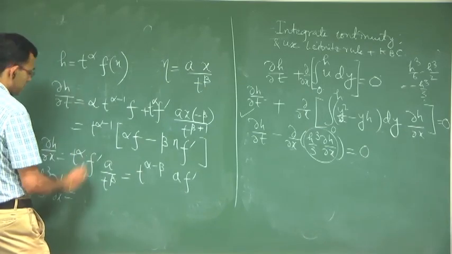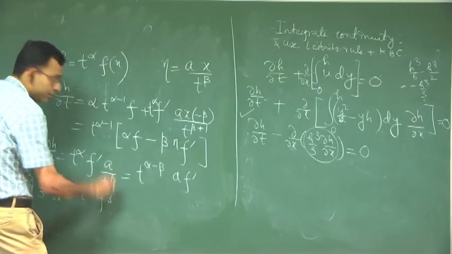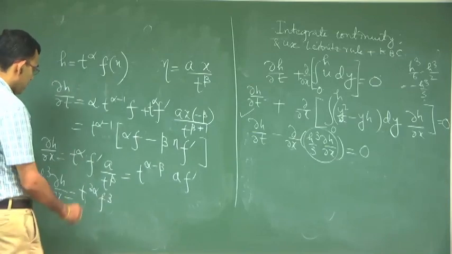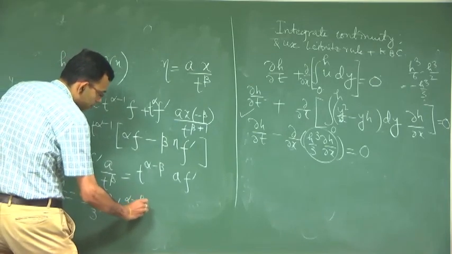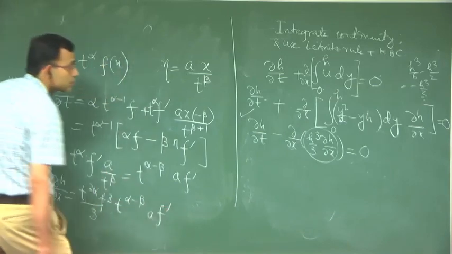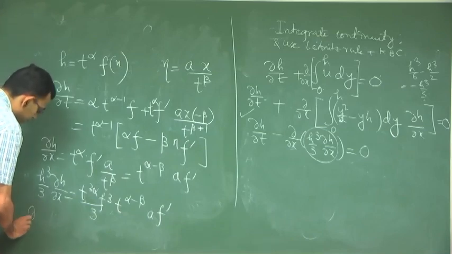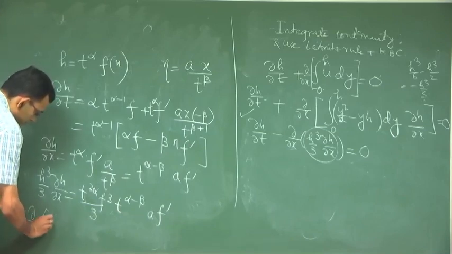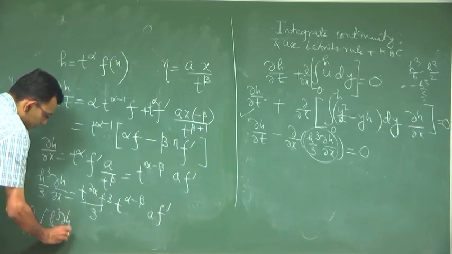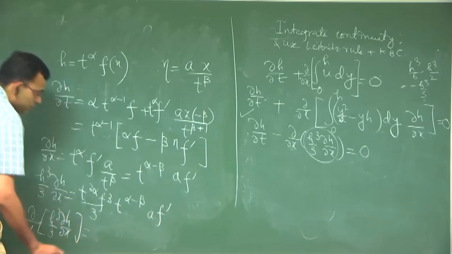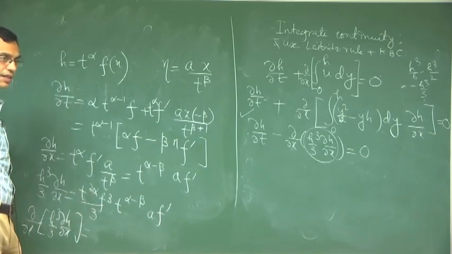So, h cube is t to the power 3 alpha f cube by 3. del x of this is d d eta of this into del eta del x.